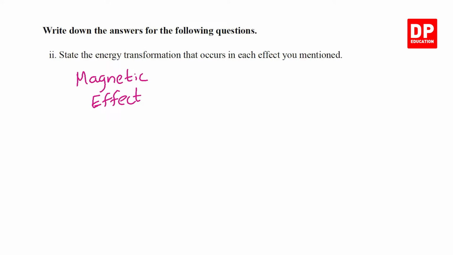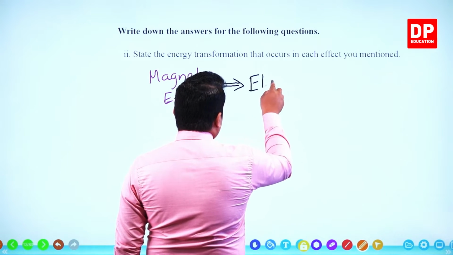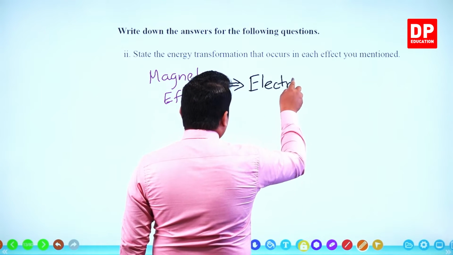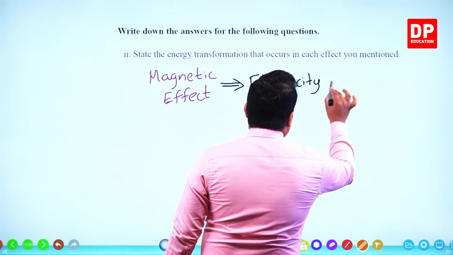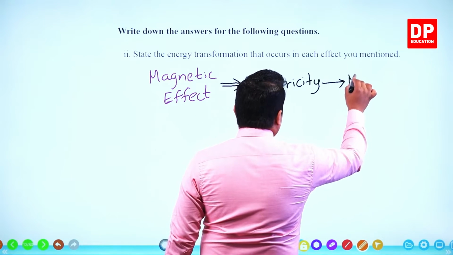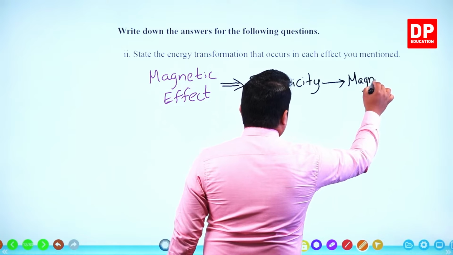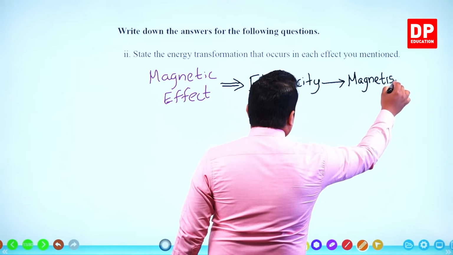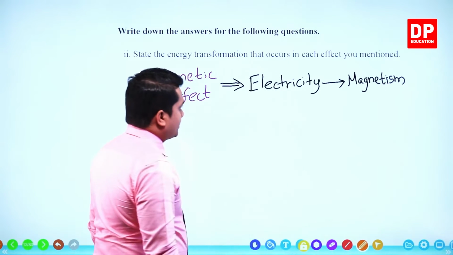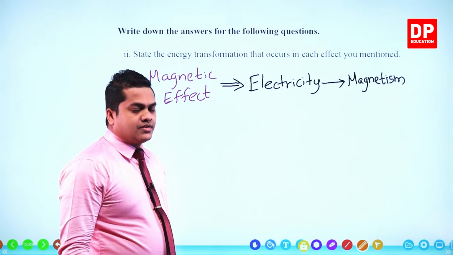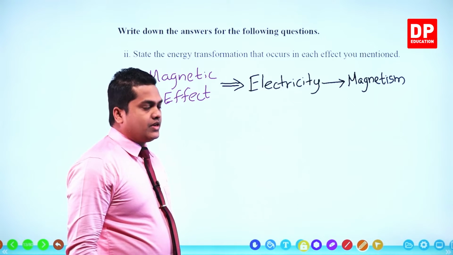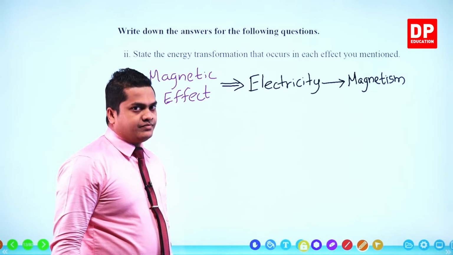So in magnetic effect, my dear children, what happens is electricity is turning into magnetism. Electricity to magnetism. Magnetism is a type of energy. So electricity is getting converted to magnetism.